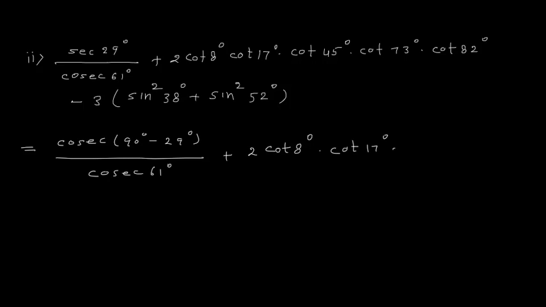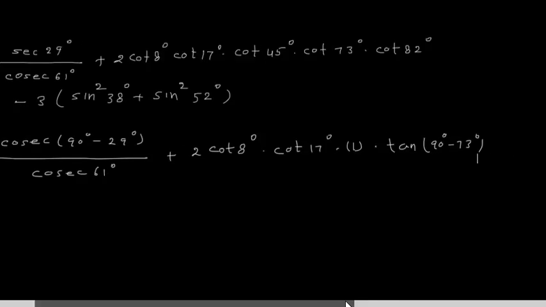Then we have cot 45. So the value of cot 45 is 1, so I will write 1. Then I have cot 73. So this cot 73 we will convert in tan. So it is tan of 90 degree minus 73 degree. So the bigger angles I am converting. Then we have cot 82 degree.